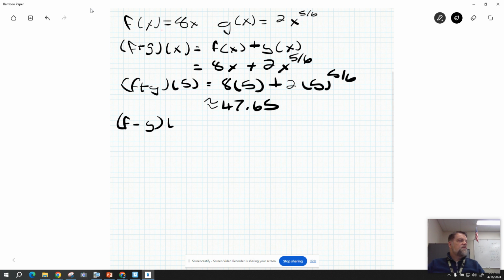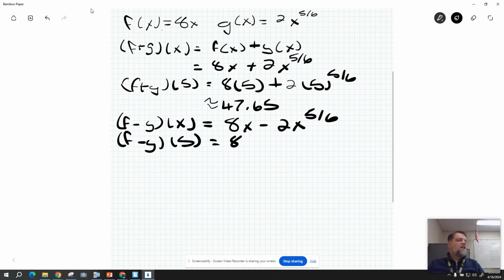Okay. Next thing I'm going to do is f minus g of x. And it's the same thing, except now I'm going to say 8x minus 2x to the 5/6. There's really no rules or anything, like I can't combine those. So when I go to do f minus g, why are you guys so excited? Equals 8 times 5.